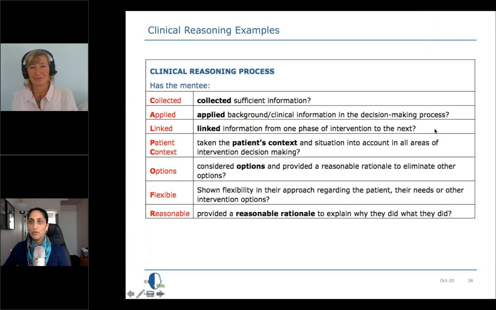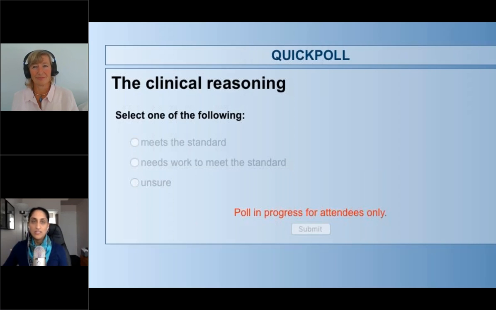Okay, and we're going to put out the same polling question. Do you feel the clinical reasoning that you heard meets the standard, needs work to meet the standard, or are you unsure? I can see some responses slowly coming through.